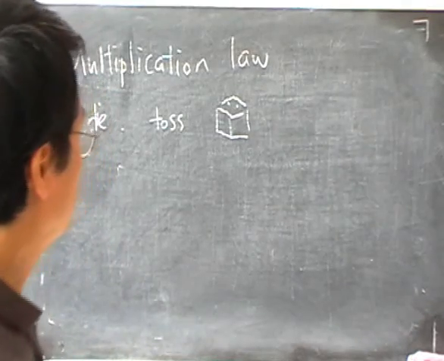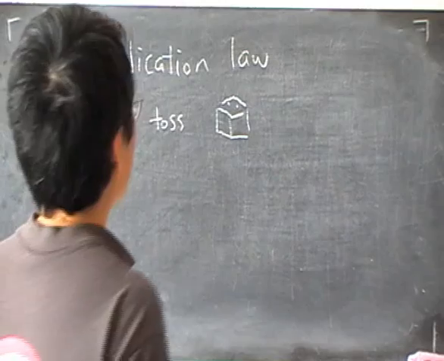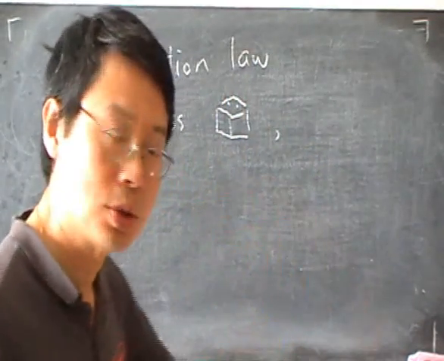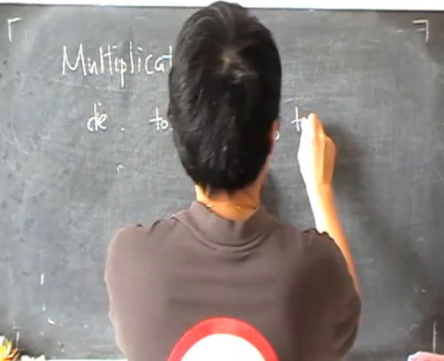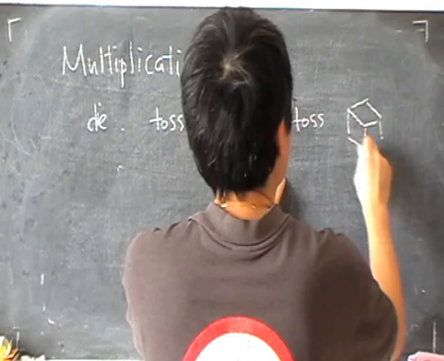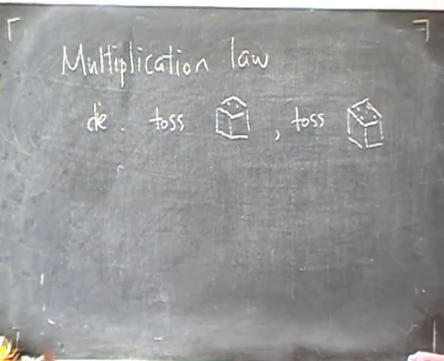And suppose that when we toss it once, we are interested in getting a 2. And then after that we pick that up and toss it again. So we toss it a second time. And I'm interested in getting a 5.